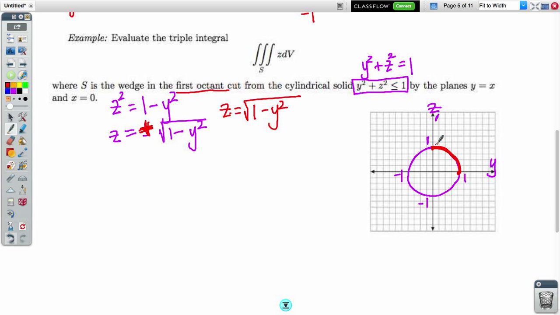So now I've got z solved in terms of y. So z has got these curvy limits, which suggests at the very least we won't be integrating with respect to z last, because we always do our nice numerical limits last.